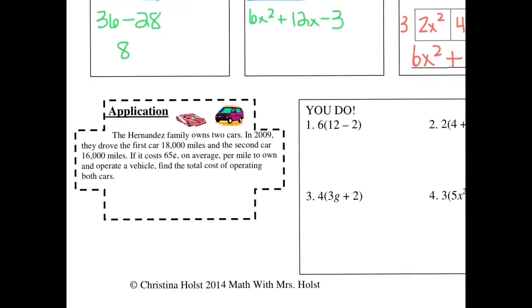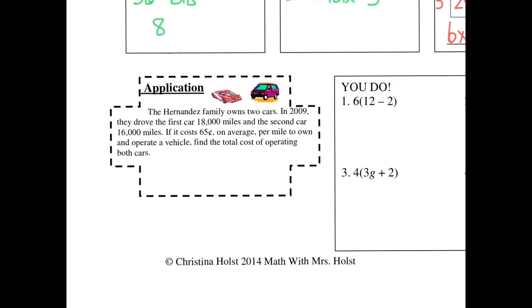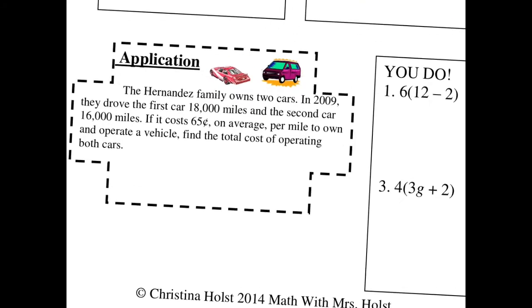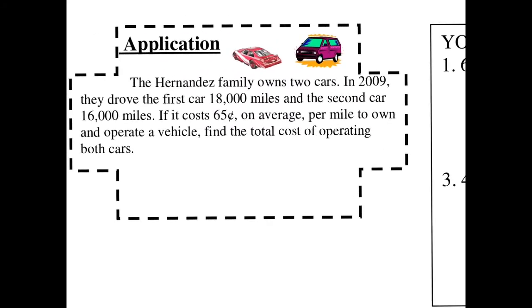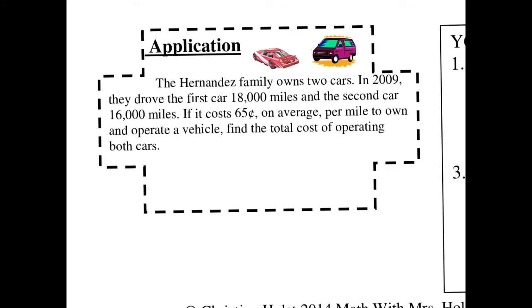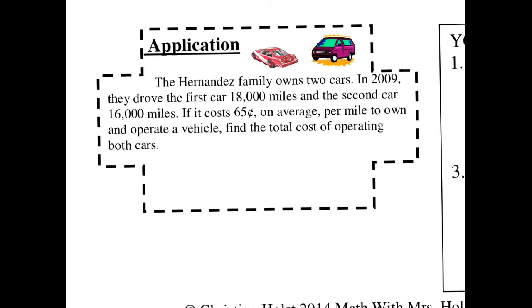But remember, with math, I show you different methods so that way you can decide what method works best for you. So I do have a word problem. The Hernandez family owns 2 cars. In 2009, they drove the first car 18,000 miles and the second car 16,000 miles.